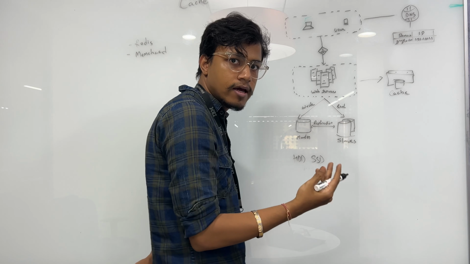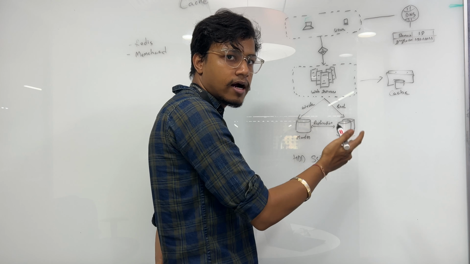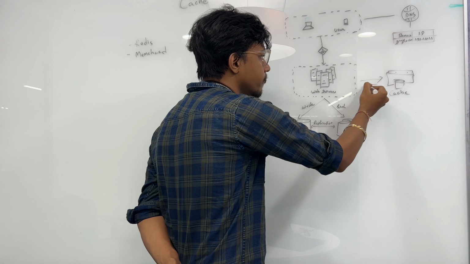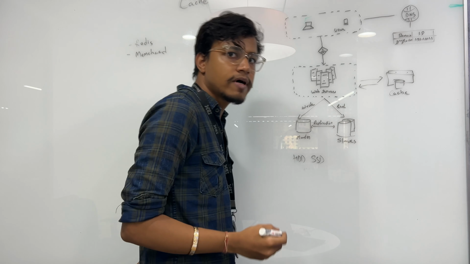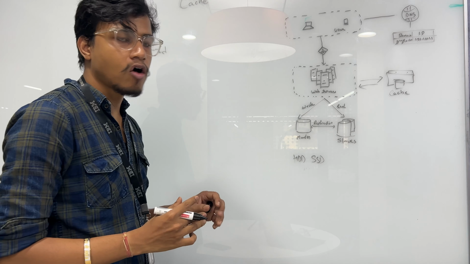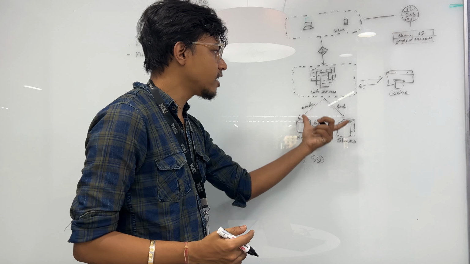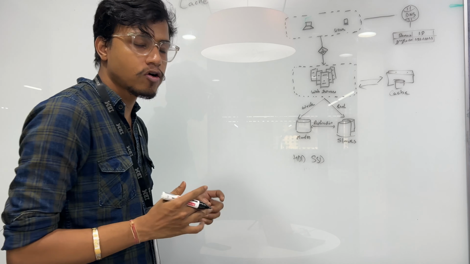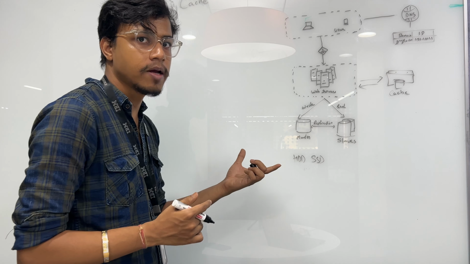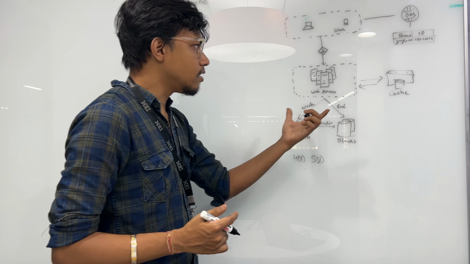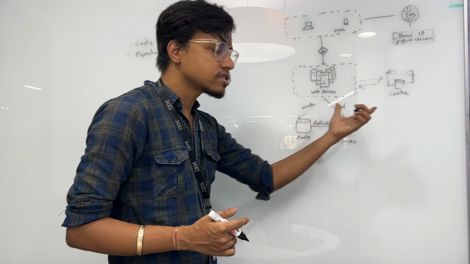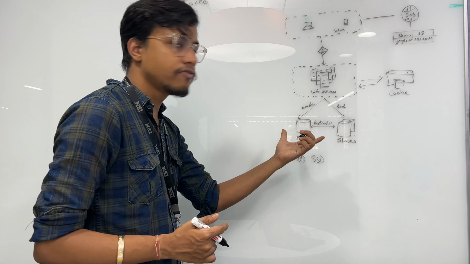If it finds something regarding IPL in the cache, it will simply send it back from there. Just imagine how much time and how much querying we will save on our databases. The performance will improve because querying a cache is very fast compared to querying a database.